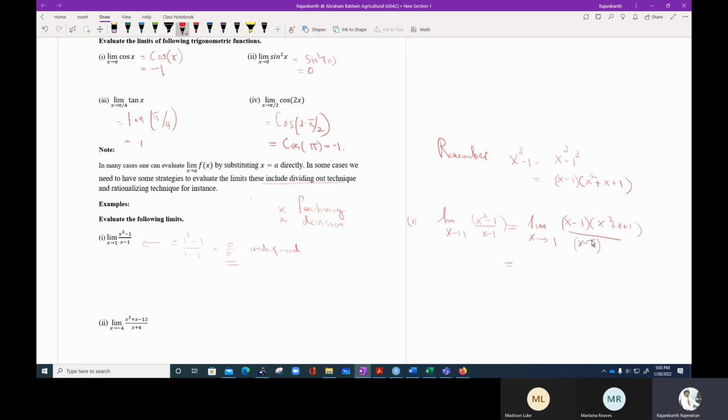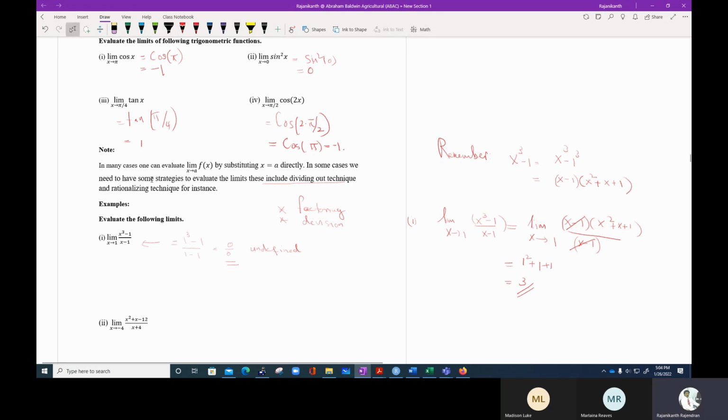Then you could cancel these two. Now you could plug 1 into the remaining function. Now you are good. You get one real number, right? When x goes to 1, you will get 1 plus 1 plus 1, which is 3. So the limit answer of the problem is 3.